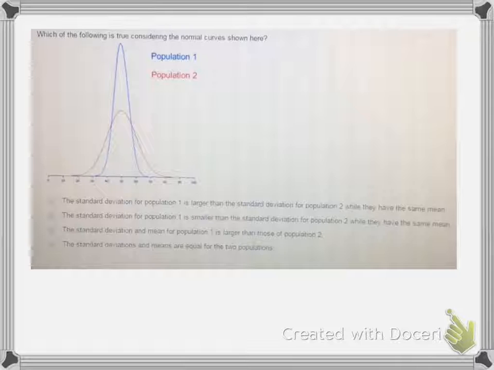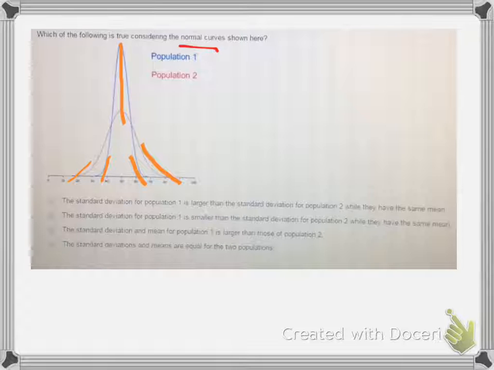Now this is straight off of the thing. These are 2 examples of normal curves. That is the shape of a normal curve. And what you should remember is that your mean, your average, is in the middle. So you should see that they both have the same average. The only difference in these two is that one of them is taller, and that's because it is skinnier. The other one is shorter because it is fatter.